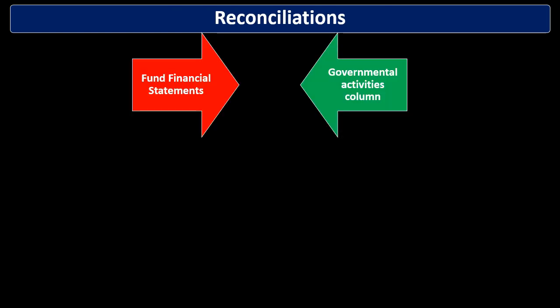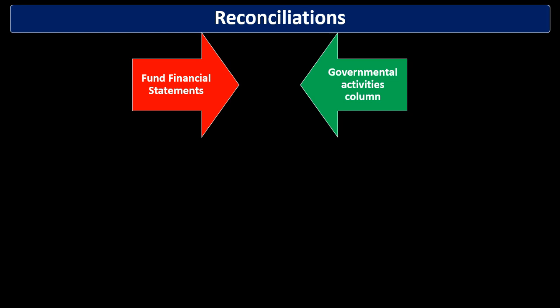Then we have the reconciliation process. We have to have a reconciliation process between the government-wide activities, the governmental activities column, and the fund financial statement. So we want to think about these being reported in two different ways again. We've got the government-wide level, and then we've got the fund level. We want to reconcile the two. Why don't they reconcile?